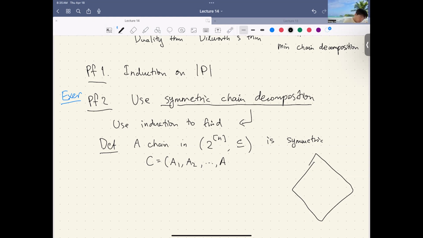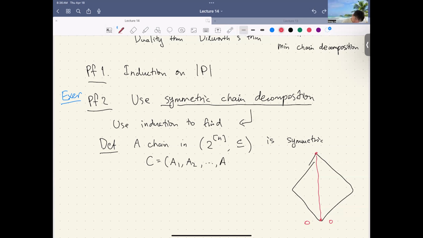What I want to say is this is a symmetric chain, full length. This is layer 0 because the bottom is the empty set. Here is layer n, because it includes everything. So from level 1 to level n minus 1.